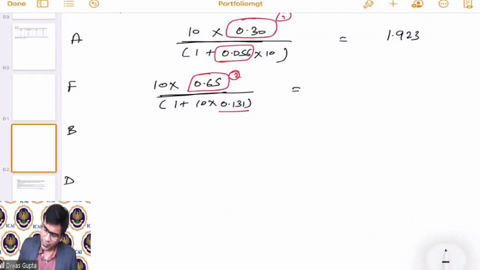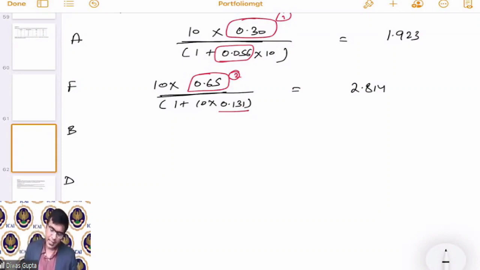If we solve this, it comes out as 2.814. So 0.131 multiplied by 10 plus 1 gives 2.31, and 6.5 divided by this comes as 2.814.